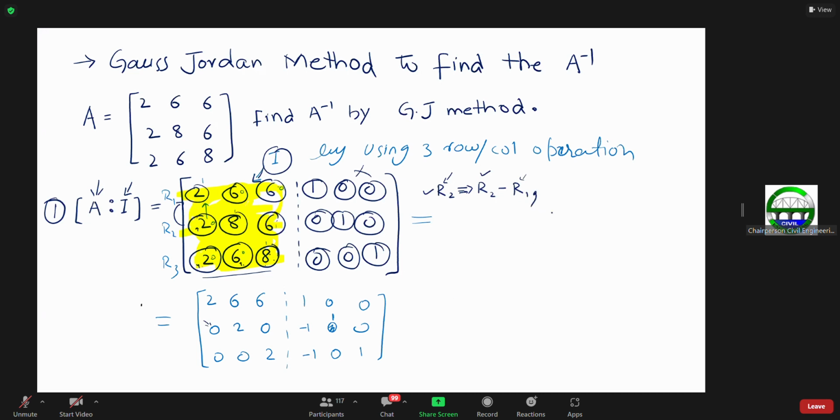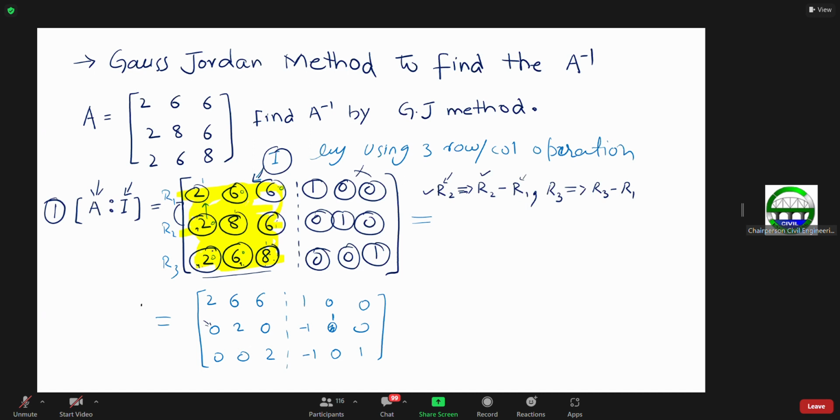And then I have another operation. I would say R3 is equal to R3 minus R1, right? Because in my opinion, when I make 2 minus 2, it will be equal to 0, which is my desired thing.